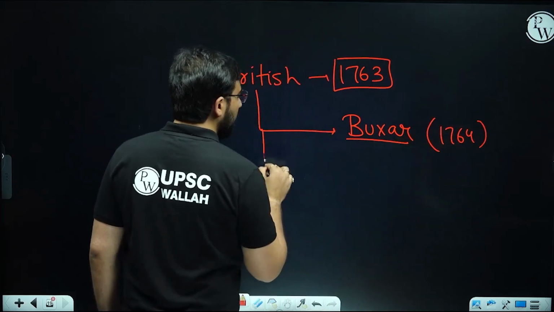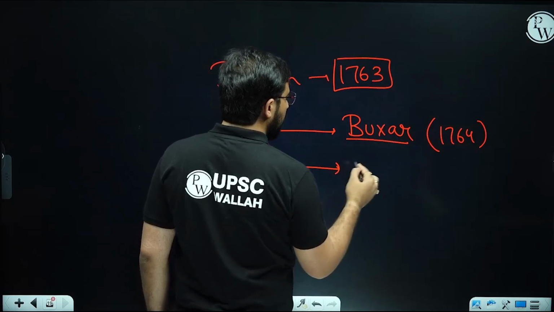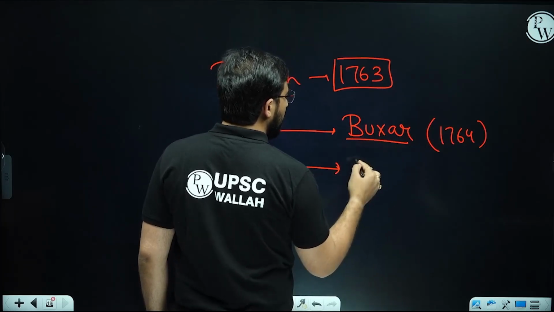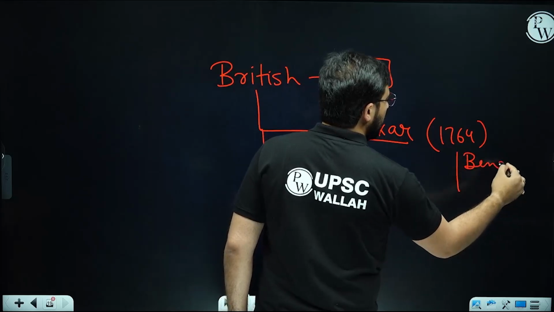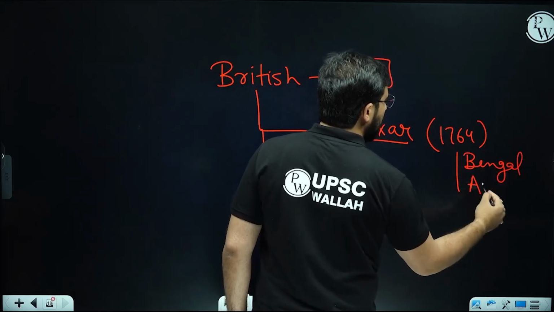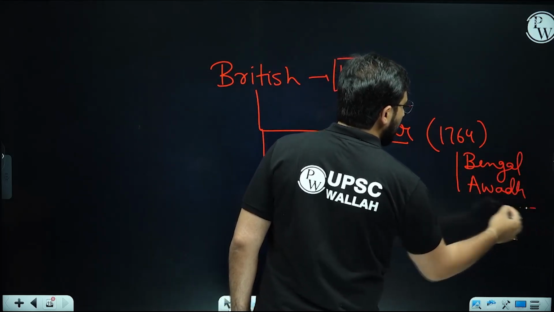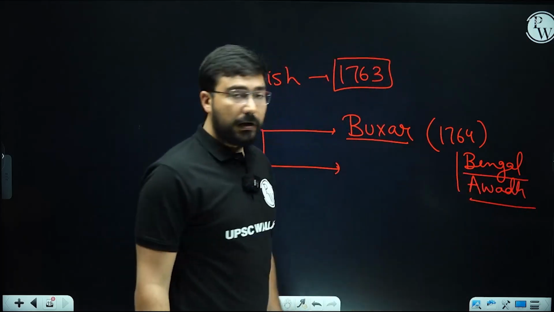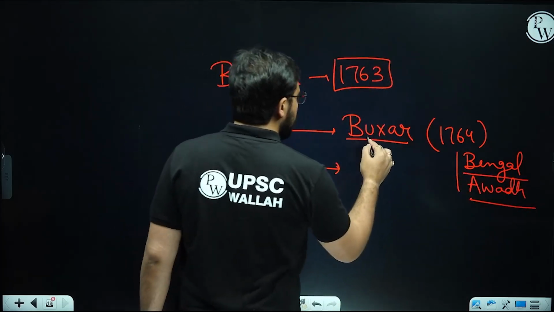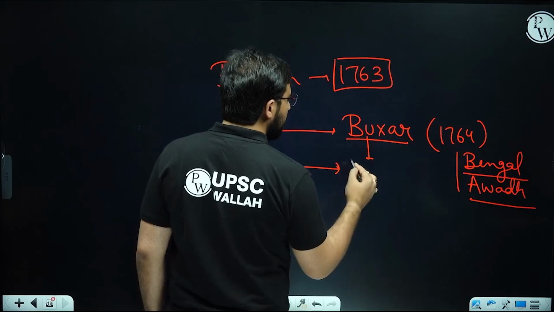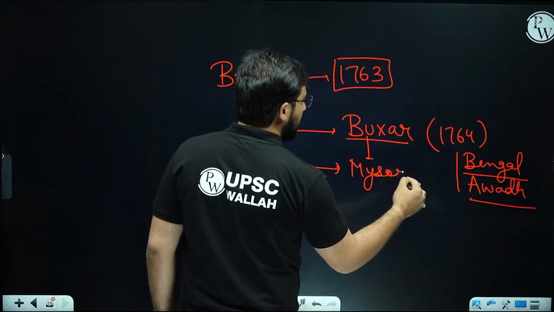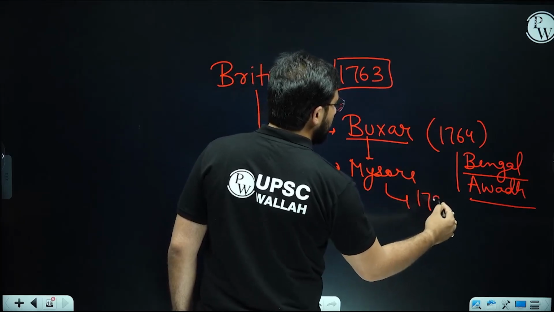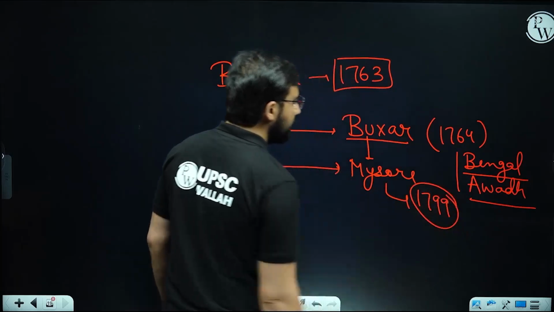Along with Bengal, they were also able to defeat Awadh, and they signed the Treaty of Allahabad. After Buxar, they fought wars with Mysore, and Mysore was finally defeated in 1799. Tipu Sultan was killed and Mysore came under their control.